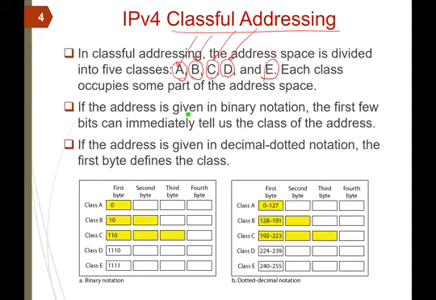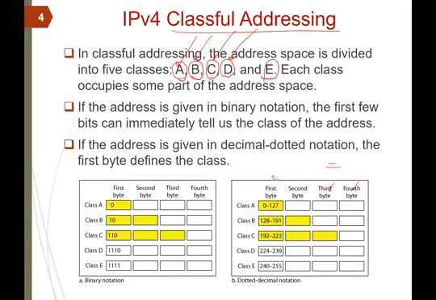If the address is given in binary notation, the first few bits can tell us which class the IP address belongs to. If the address is given in decimal dotted notation, the first byte tells us. The IP address is 32 bits, which equals 4 bytes. So this is the first byte, second byte, third, fourth.